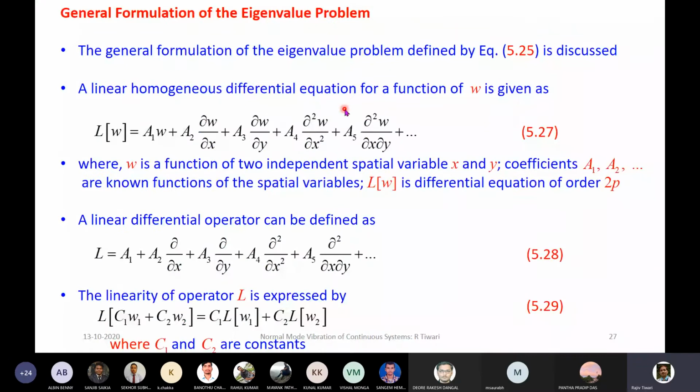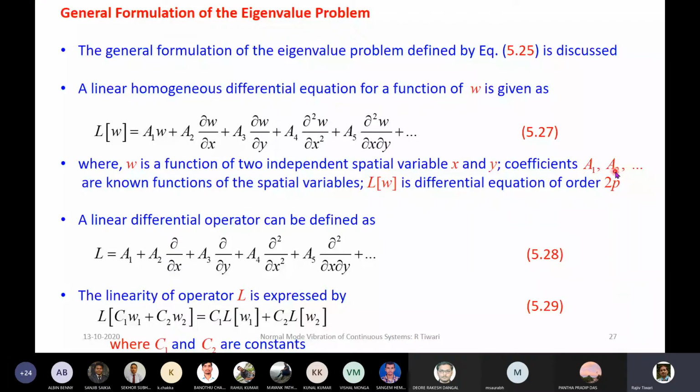So now let us say we have one linear homogeneous differential equation which is a function of W. I'm defining this kind of general expression in which A1, A2, A3, A4, A5 are coefficients of the derivatives of these terms.